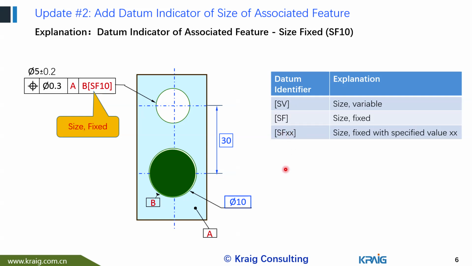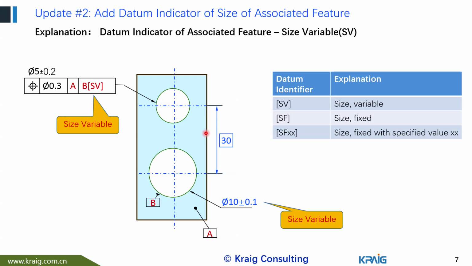Let's look at another example. SV, as we mentioned, means that for datum B we are going to use the size variable. And you can see the datum B dimension is 10 plus minus 0.1. So what does it mean?